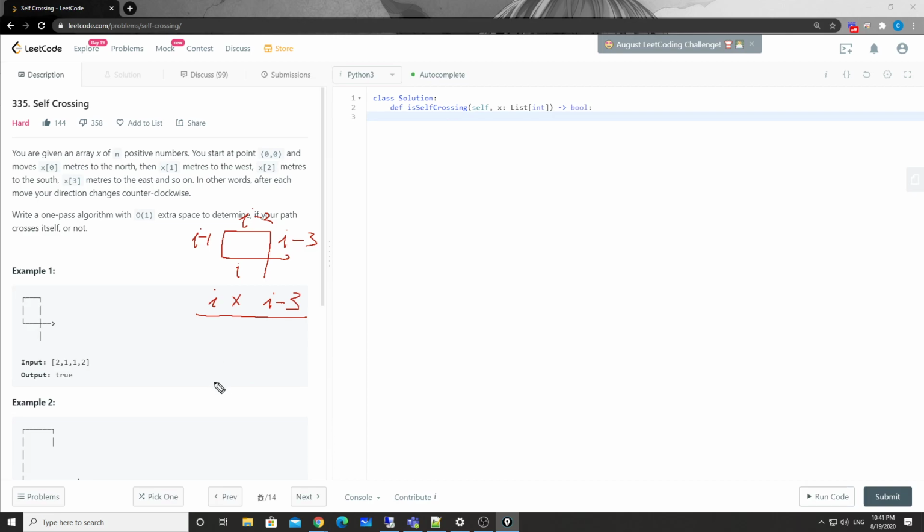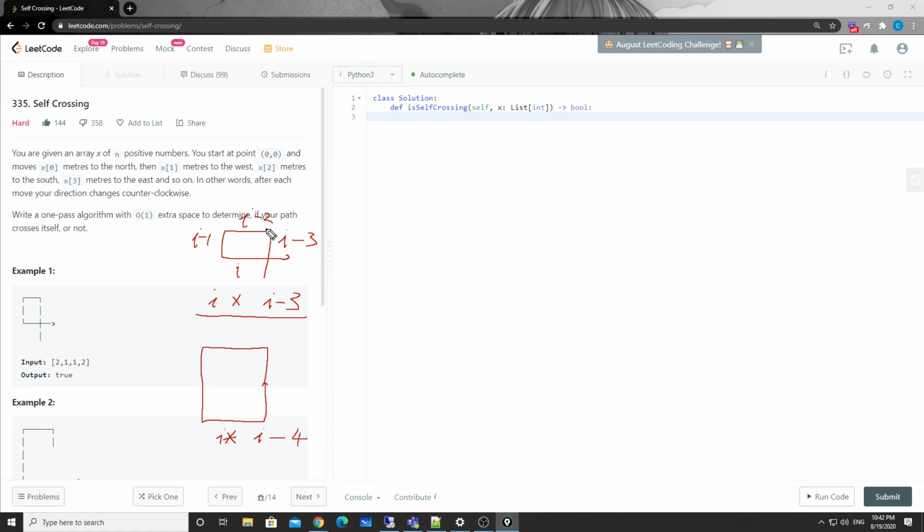Then what's the second scenario? It's like this: 1, 2, 3, 4, and 5. In this case, this is I self-crossing with I minus 4. How about the third one?